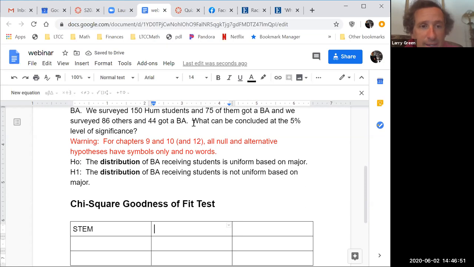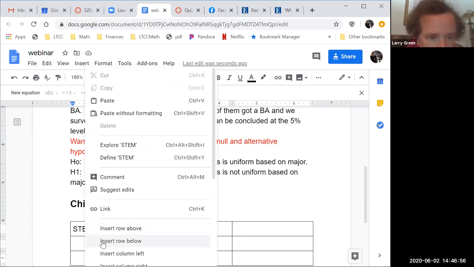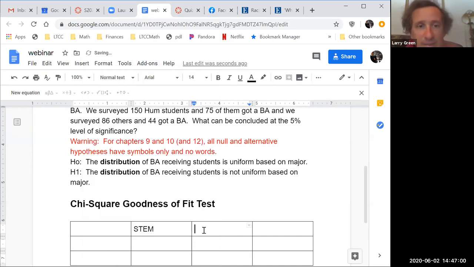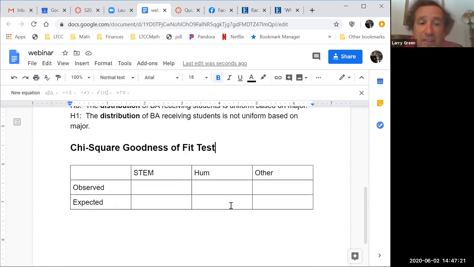In fact, I think I'm going to insert a column to the left. So we had the STEM, we had the humanities, and the other. Any questions so far? Then we're going to have the observed, and we're going to have the expected. Any questions so far?